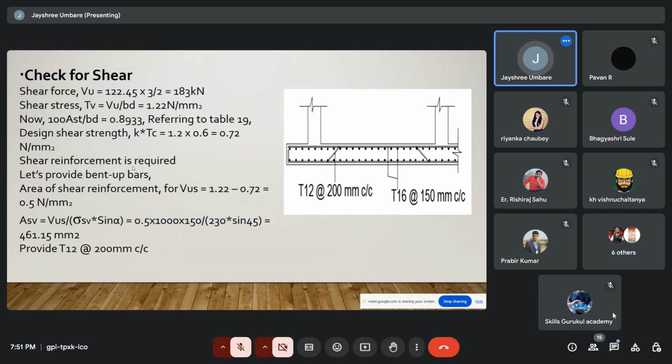Shear reinforcement is required. Let us provide bent up bars. Area of the shear reinforcement is calculated as 461.15 mm square. Then provide 12 mm bar at 200 mm center to center distance, which is shown in the figure.